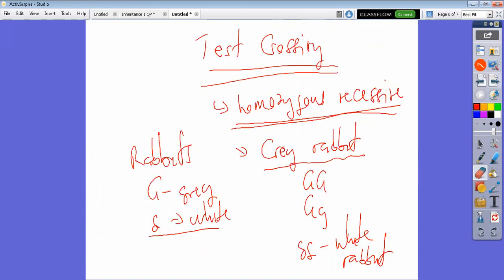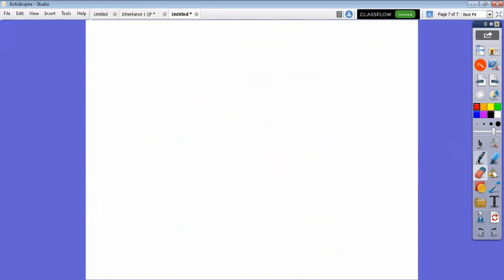But we also have what is known as co-dominance. Co-dominance is when we have both alleles that are dominant.